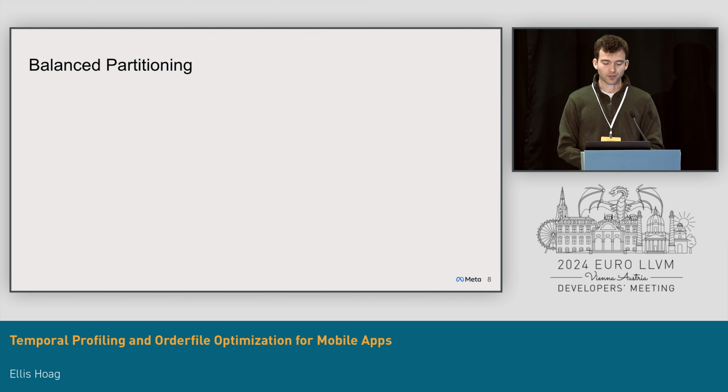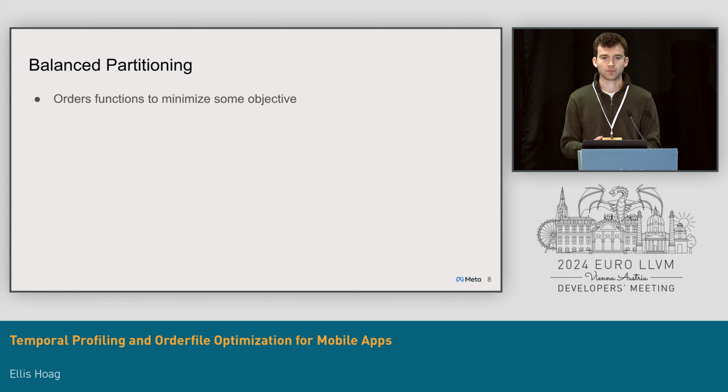So we've developed an algorithm called Balanced Partitioning that can order functions to minimize some objective. We can use function traces from our indexed profile to improve startup time by minimizing the number of page faults during startup. And we can use the contents of our functions, or just the instructions of our functions, to improve the compressed size.